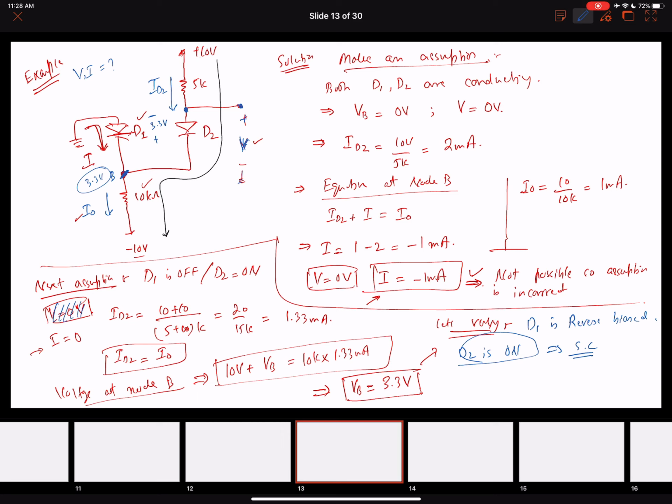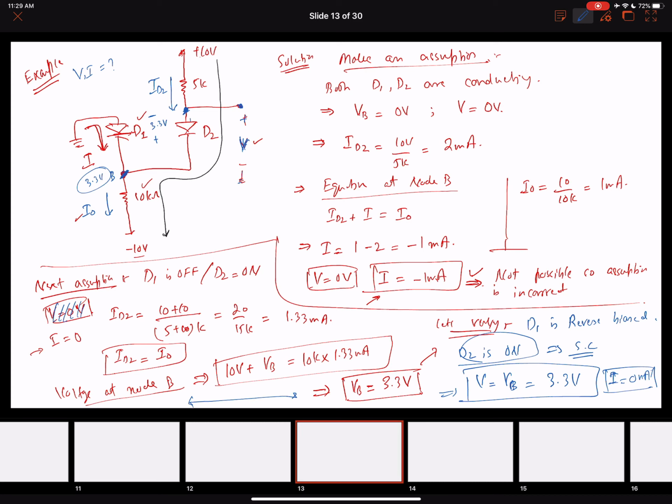And this is with respect to the ground, so our actual V will be equal to VB, which is 3.3 volts. So these are the values of current and voltage now. The current will be equal to 0 milliamperes because our D1 diode is off, and the voltage across the diode D2, which was conducting, at this point with respect to the ground, is equal to 3.3 volts. So this is how we can solve the circuit.